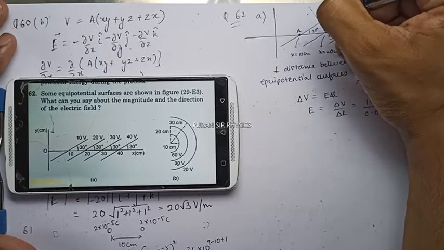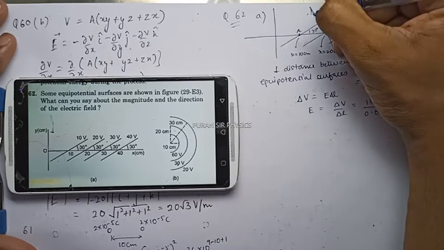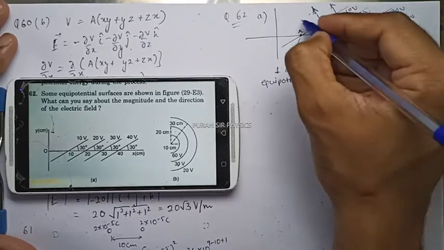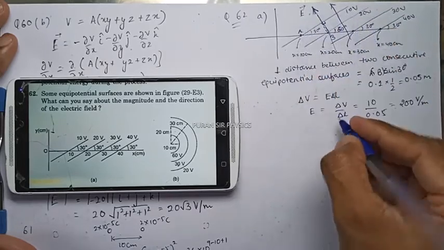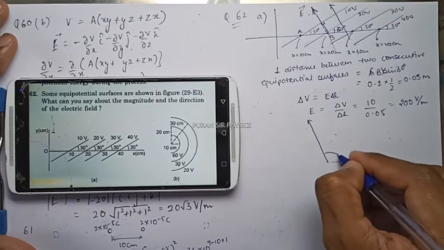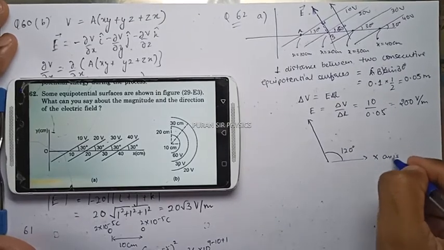So your electric field will be something like this. So this is your electric field, and it makes an angle of 120 degree with x-axis.